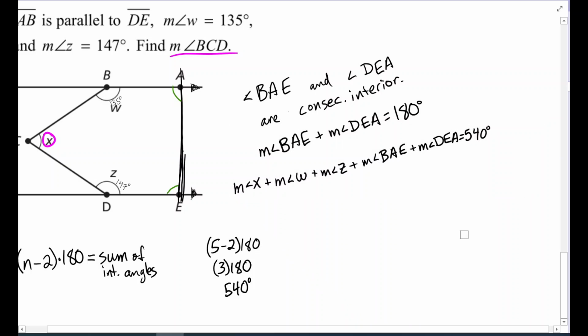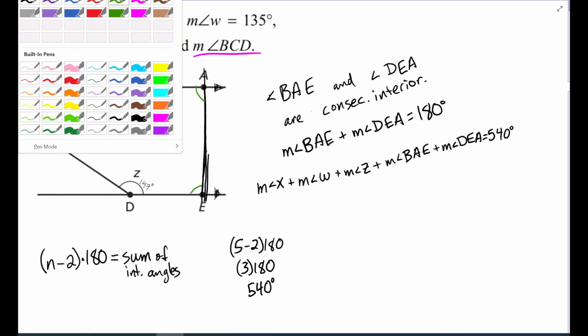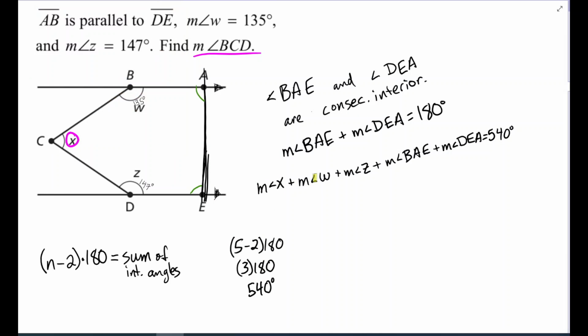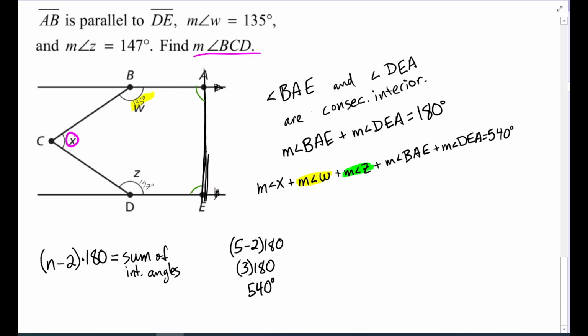And now we actually know a lot of these measurements, right? We know the measure of angle W. It's 135. We know the measure of angle Z. It's 147. Now we don't know these measurements. We're trying to find the measure of angle X, but we don't know the measure of angle BAE, and we don't know the measure of angle DEA.